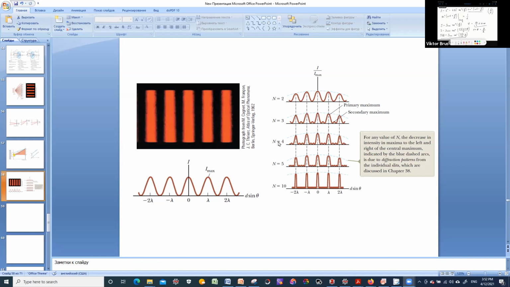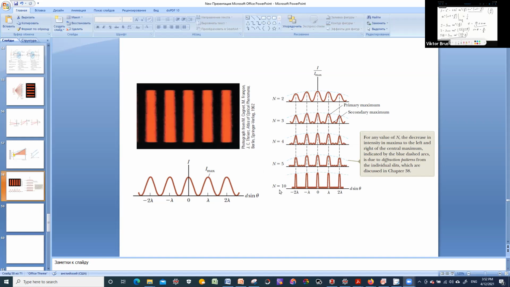However, it should be mentioned that with the increase of the number of slits, the primary maximum increases in intensity, and the secondary maxima decrease in intensity. So we get more of them, but their intensities get weaker.